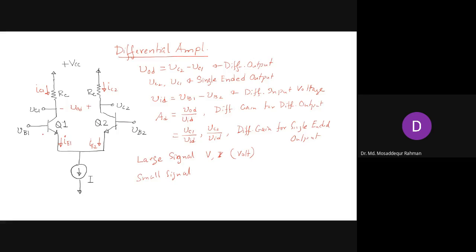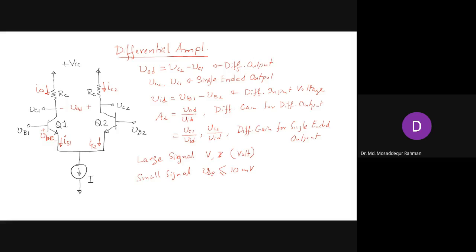See, usually when we talk about the small signal voltage, we mean this voltage, right? Let's call it a small signal VBE. So we mean this voltage, base to emitter voltage, right? So a small signal voltage means that this voltage VBE, base to emitter, should be less than or equal to 10 millivolt. Okay?